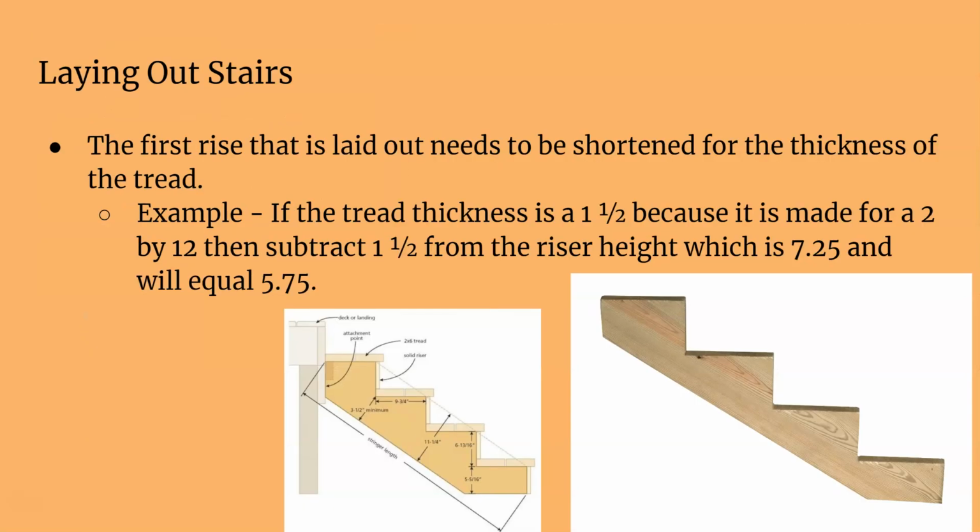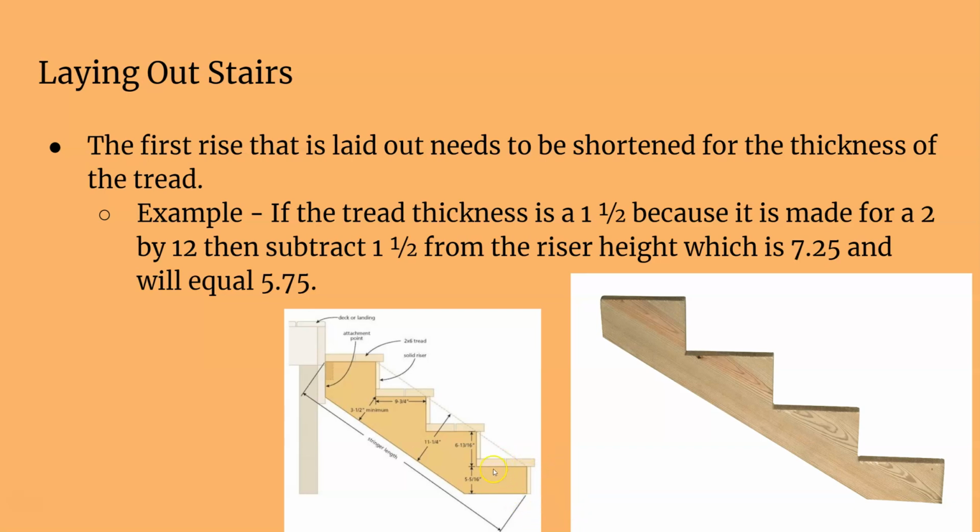All right, the one other thing you have to realize is that the first step is going to be a little thinner than your second step. Your first step actually lays on the floor, but when you put your tread on, it changes the height from the floor on top.